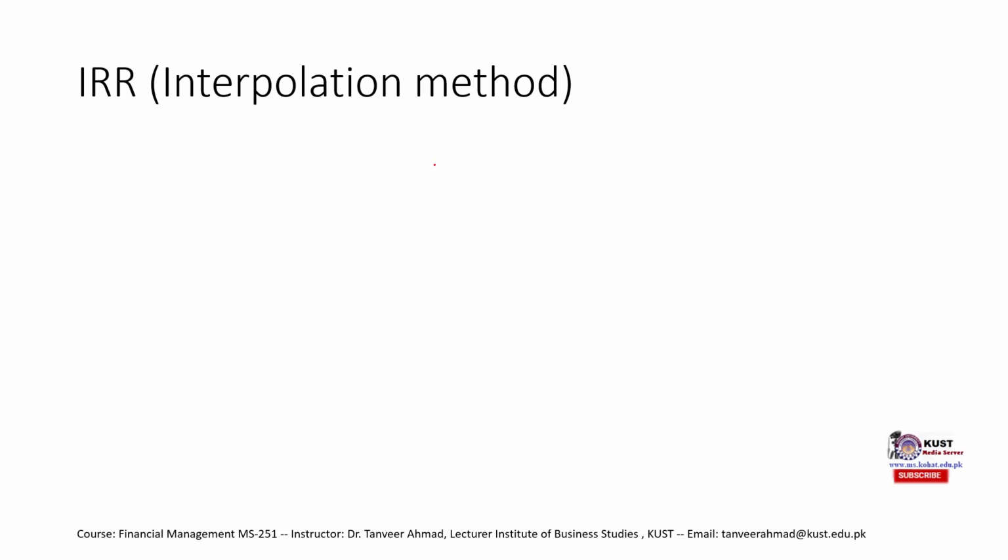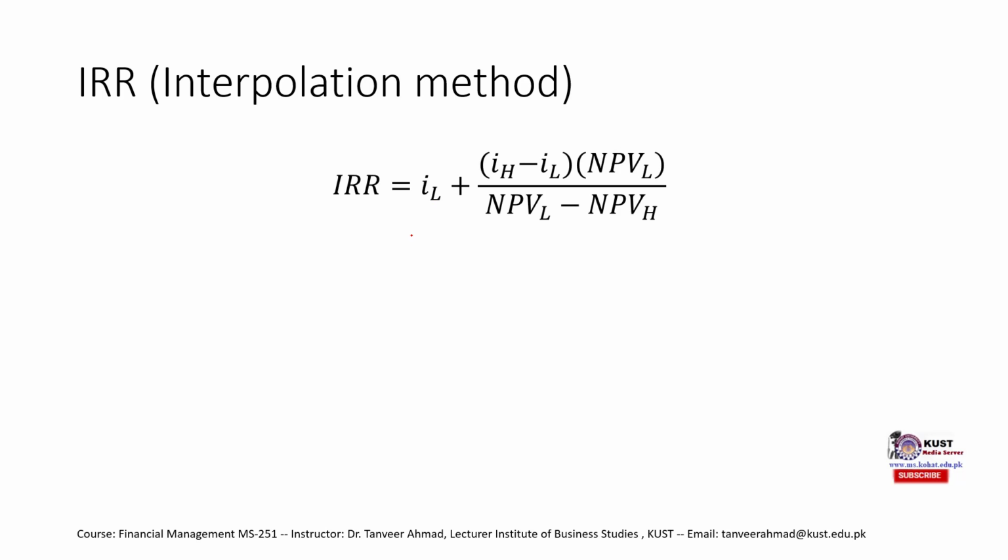So let's look at the formula, although we have already seen it. IRR is equal to IL. The IL is the lower discount rate. Now, rather than saying the lower discount rate, let's call it the discount rate at which NPV was positive, right?